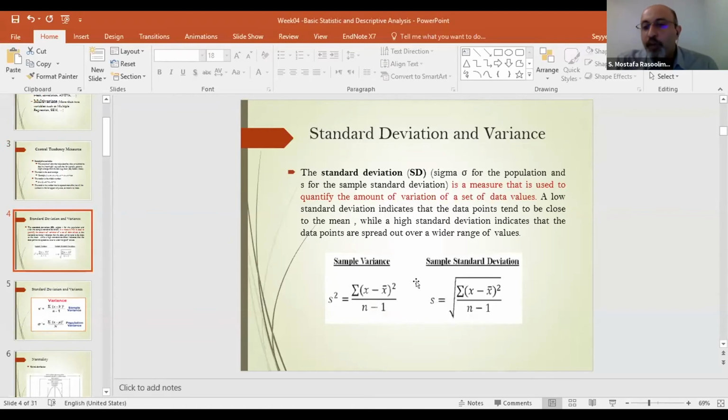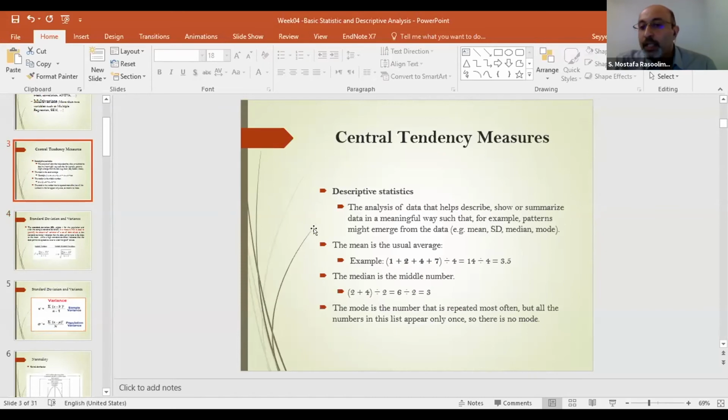So if we have a large amount of data, how do we calculate the mean? For example, if we have x1 to x300, so we have 300 samples.